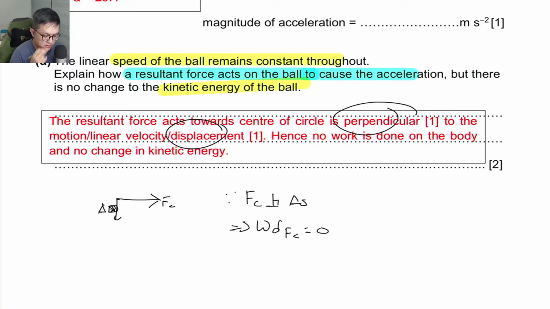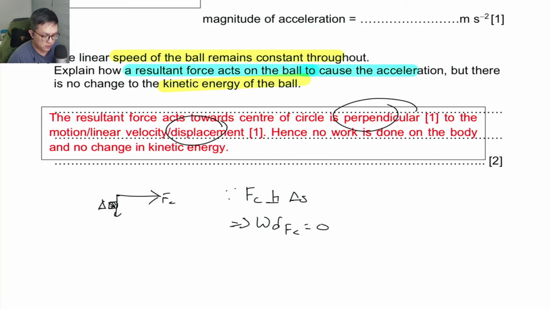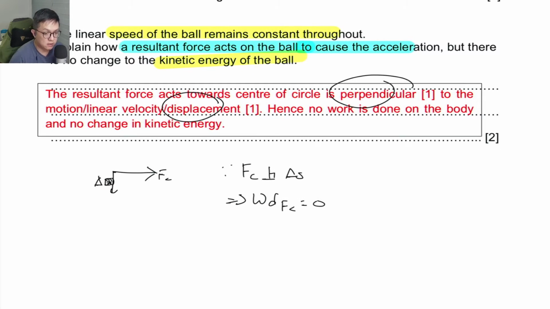So that's it. Or you can just say that because your force is perpendicular to your displacement, you are just changing the direction and not changing the speed. That's fine as well. So yeah, that's it.